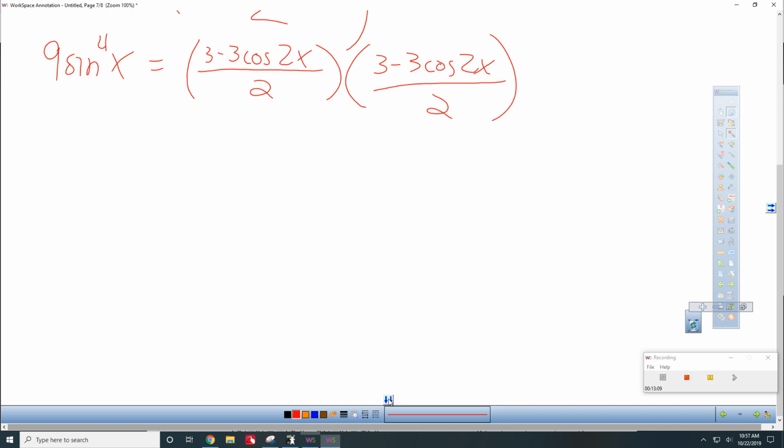Okay? Alright, so let's just go ahead and divide by 3. So over here we have 3 times the sine to the 4th of x. I've got to divide this by 3, so let's multiply by 1/3.